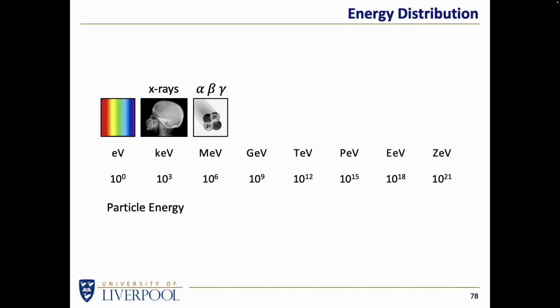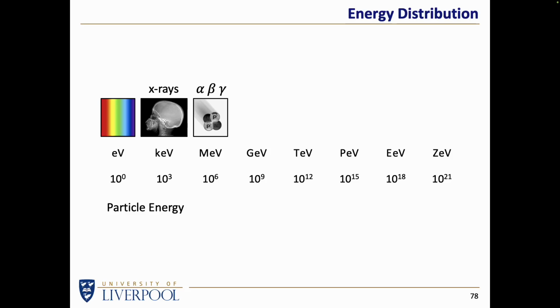And just to give you an idea of scale, physicists use an energy unit called the electron volt. An electron volt is just the energy of the light hitting my hand. In other words, visible photons of light have an energy of about 1 eV. Let's not worry about why we use that silly unit. If we go to something 1,000 times more energetic, we get to the energy of X-rays.